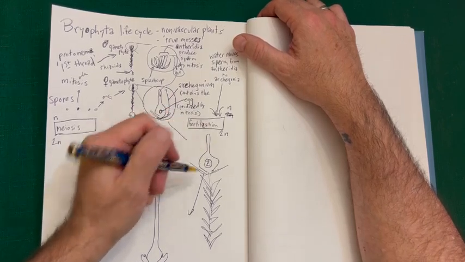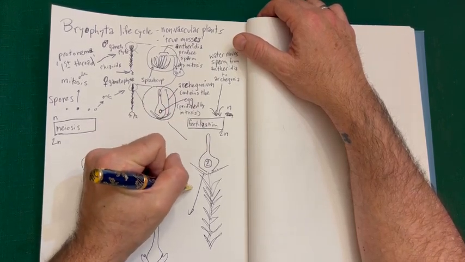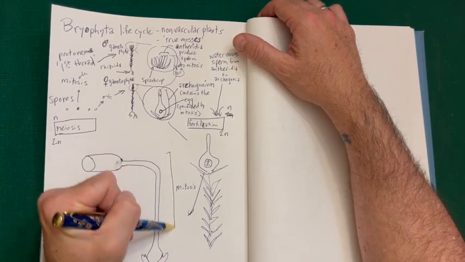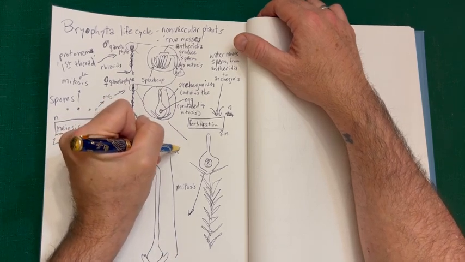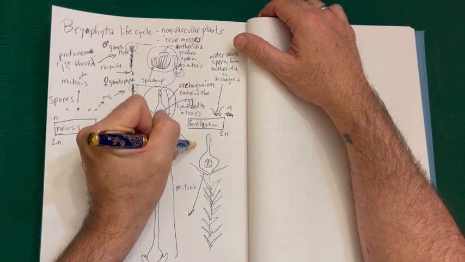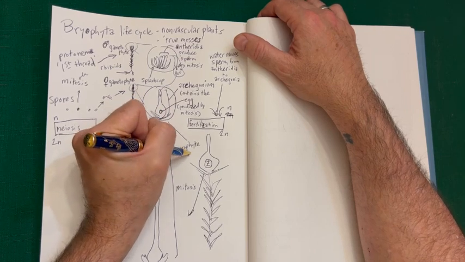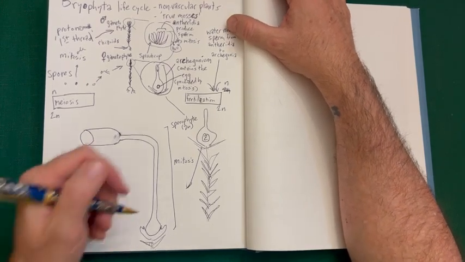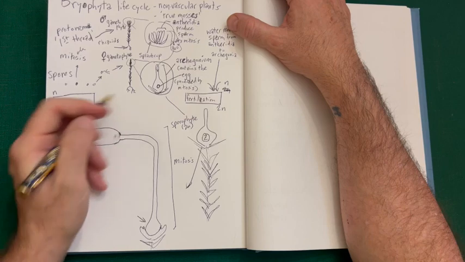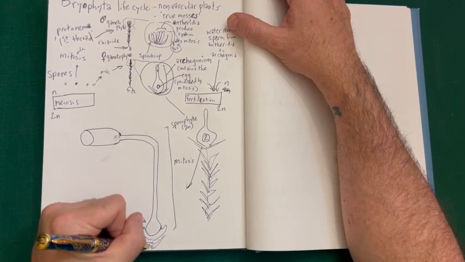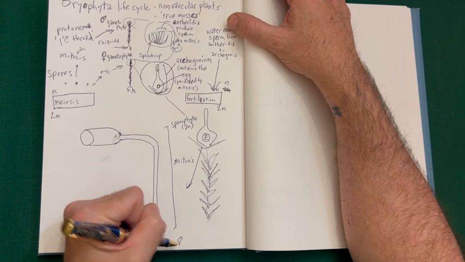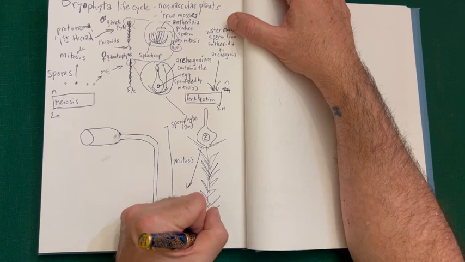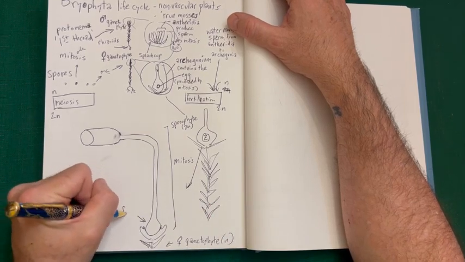So mitosis is going to take that zygote and convert it into our sporophyte. And everything on the sporophyte is going to be diploid except one little thing that I'm going to show you once I get to the end, okay? So down here, the sporophyte is anchored in the top of the female gametophyte, again, that's haploid, by a structure called a foot.